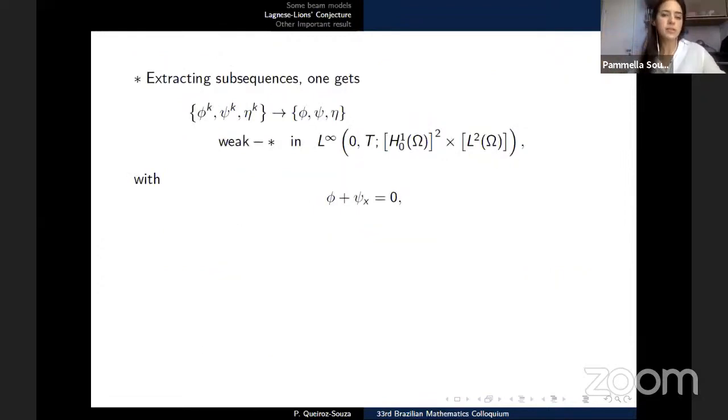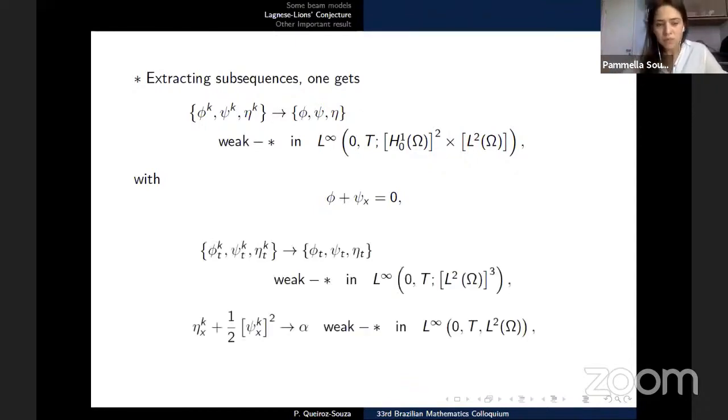With this, we can extract a subsequence, and one gets this weak star convergence in an appropriate space, with phi plus psi x equal to 0. And more, we have this convergence in an appropriate space.